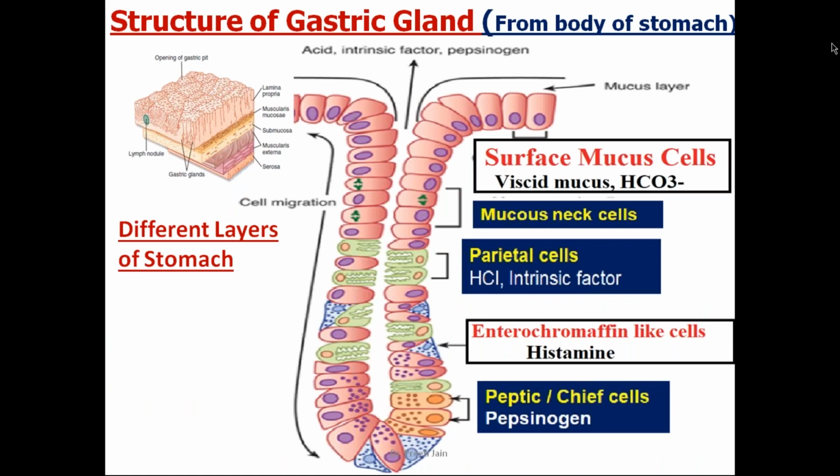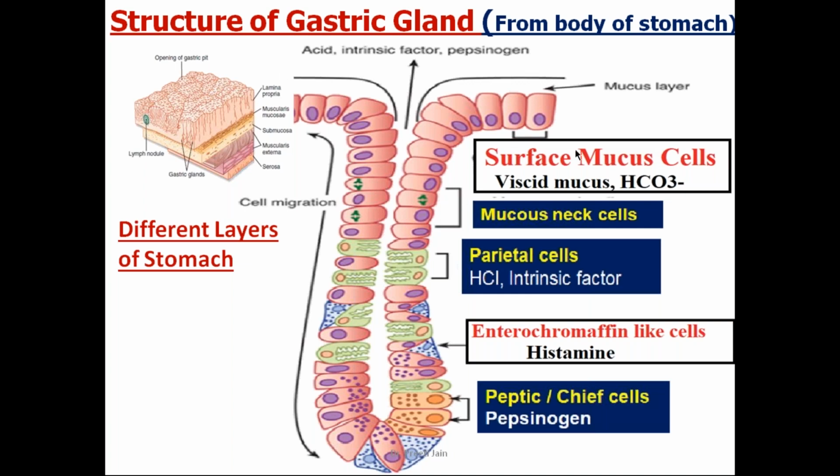Very, very important, because you can get it as draw a well-labeled diagram. It can come as a long question, or a part of a long question, or you can get a short note on the gastric glands itself, right? This is showing you a gastric gland taken from the body of the stomach.